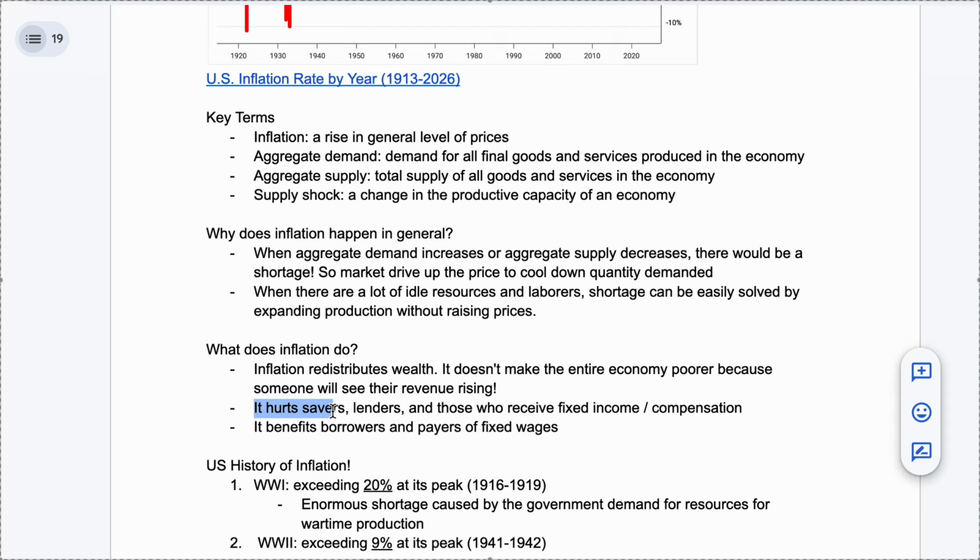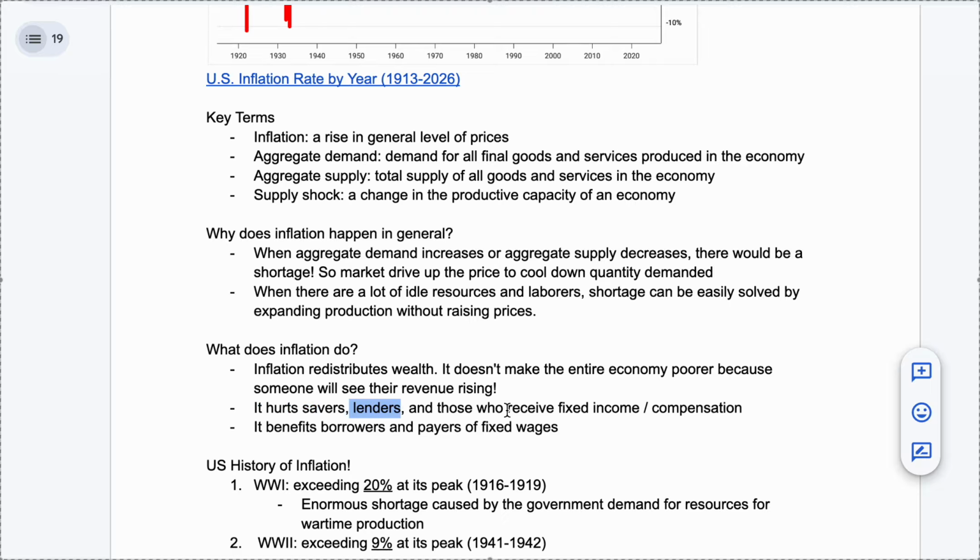It hurts savers. It hurts people like savers, lenders, and those who receive fixed income and compensation. In terms of savers, imagine you're saving a certain amount of money, and you realize that price is surging. That means the savings that you have have less purchasing power. So in that case, it does make them poorer.